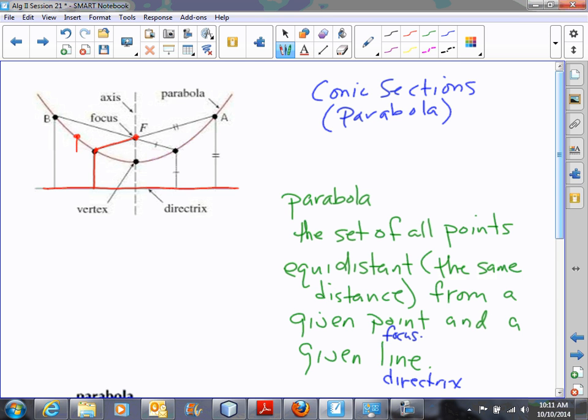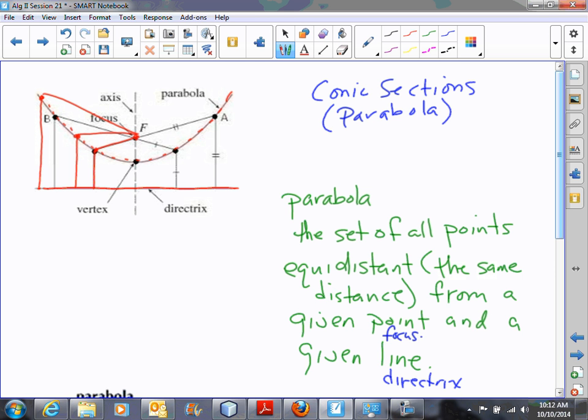This would be the distance from the point to the directrix, and this would be the distance from the point to the focus. And we could even go beyond here. This is the distance from the point to the directrix. This is the distance from the point to the focus. And so all of these points end up being the points of the parabola.